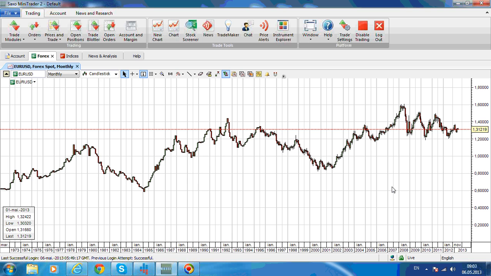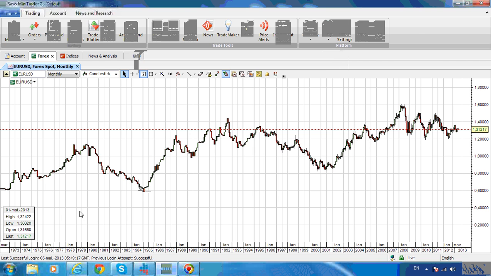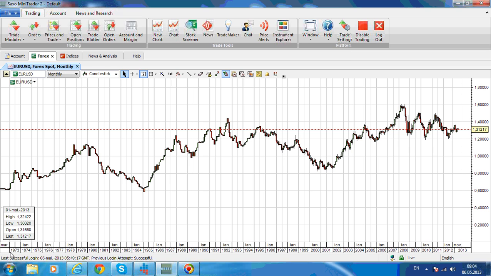While a regular MetaTrader platform or normal brokers show only probably 10 years of history, what you can see in here is the euro-dollar monthly chart from the inception. So you can see in here from March 1973, and it goes towards 2013.